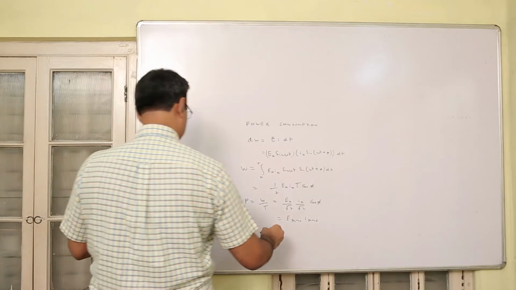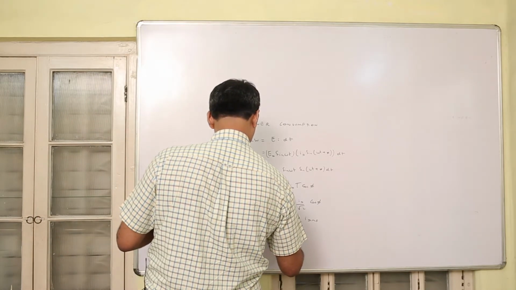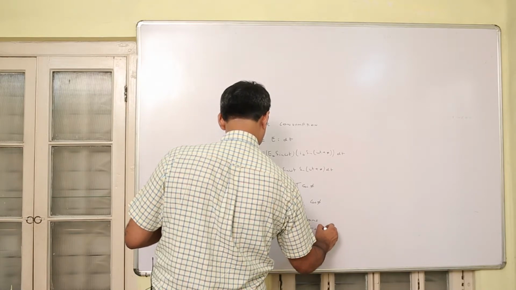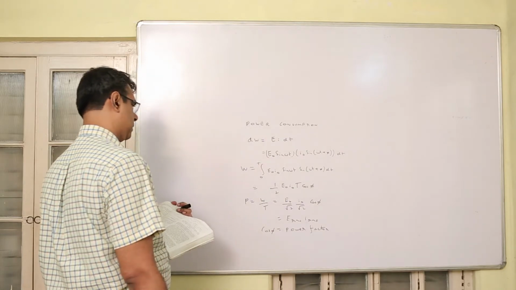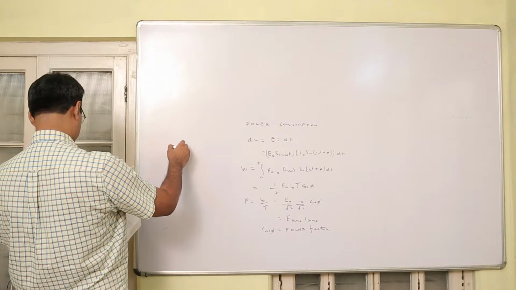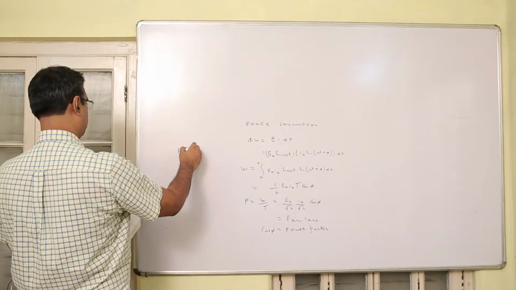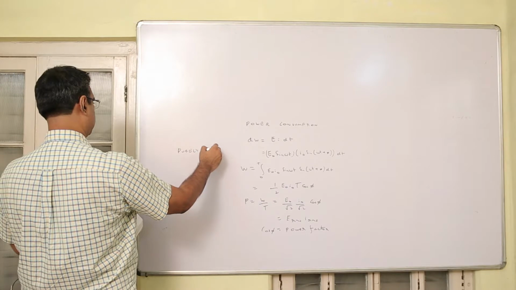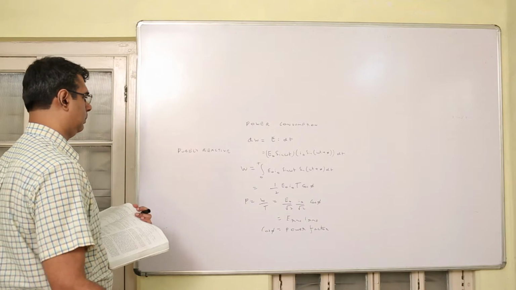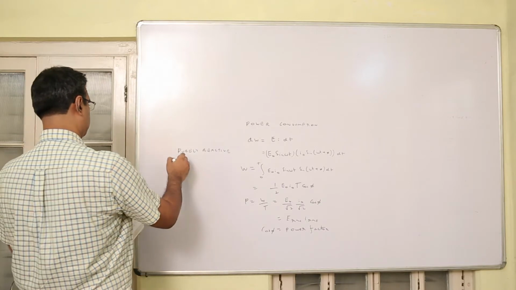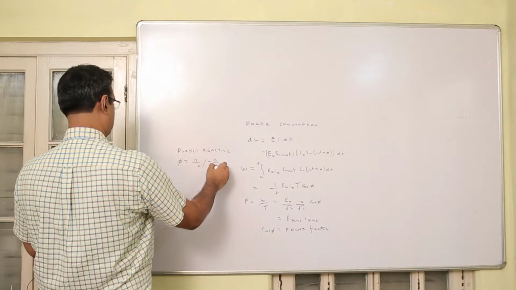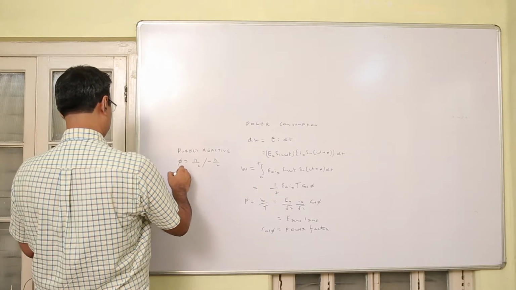Now the term cos phi is known as power factor. If you have a purely reactive circuit, that means it has only a capacitor or only an inductor, then phi will be either pi by 2 or minus pi by 2.